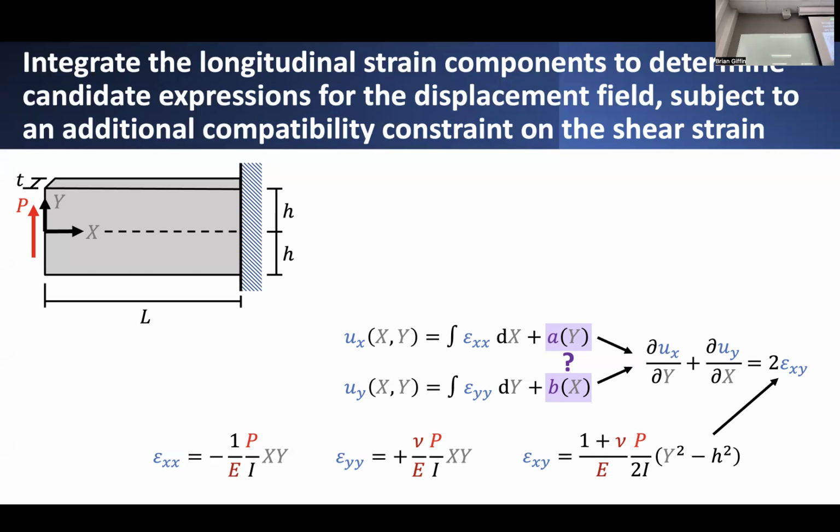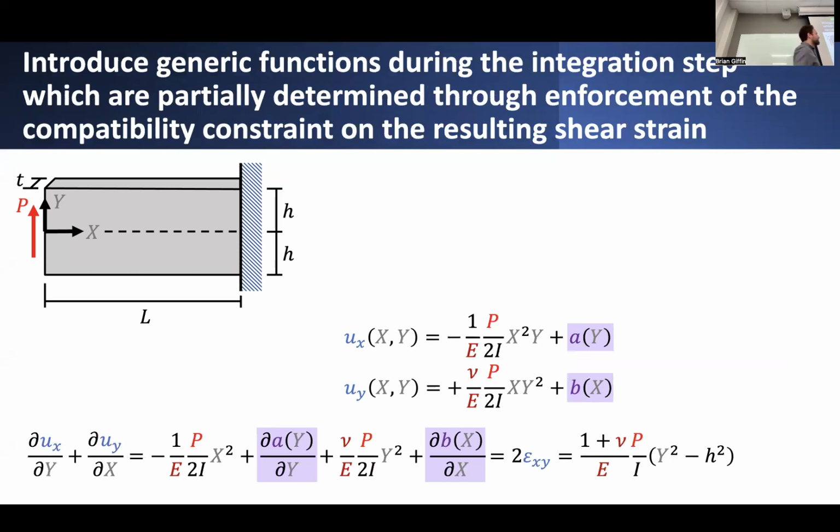This epsilon yy term, when integrated with respect to y, looks like a term that involves x y squared. And that's precisely what we get when we integrate those two terms. But we still have this A and B that we need to solve for.